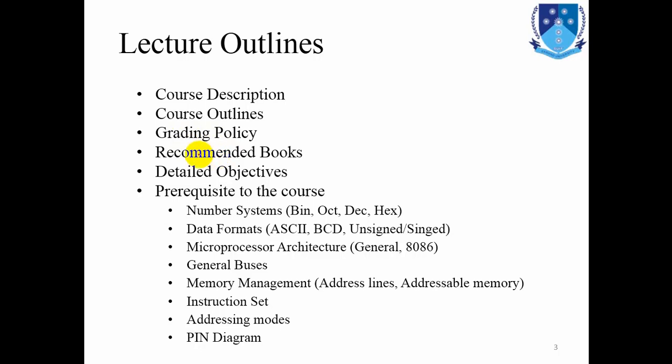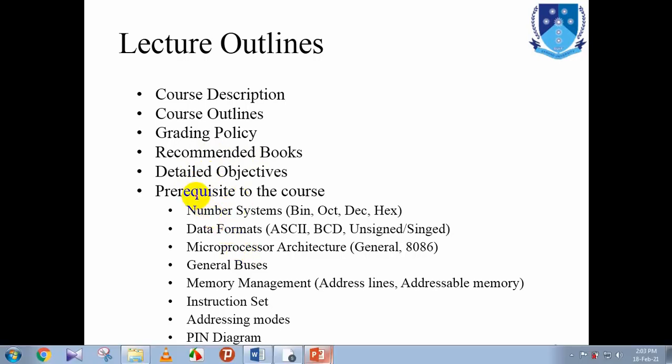After discussing the grading policy, we will discuss the recommended books for this course, including both the textbook as well as the reference books. After discussing the books, we will discuss the detailed objectives of this course which we have to achieve throughout the semester.